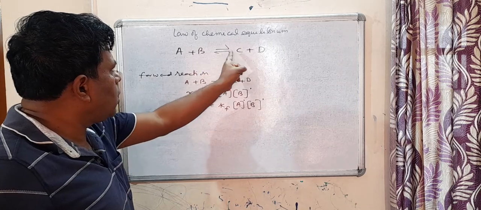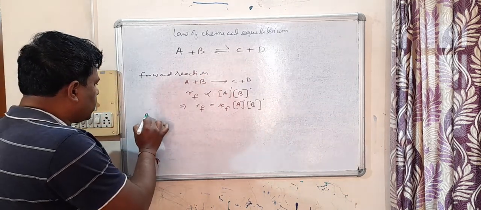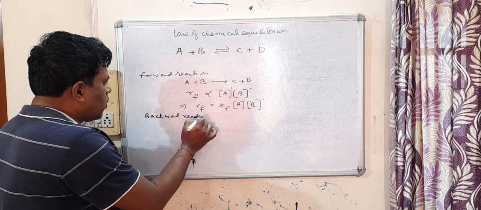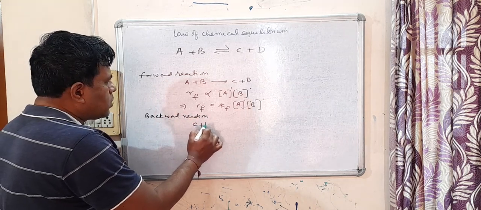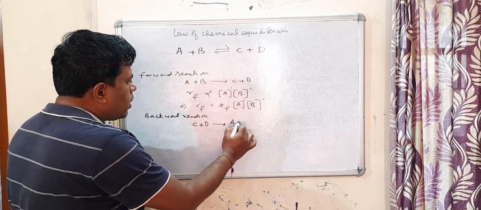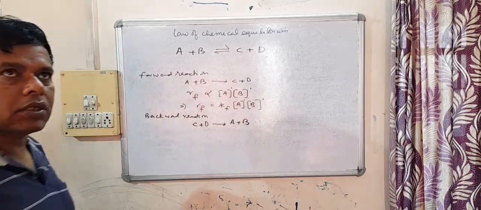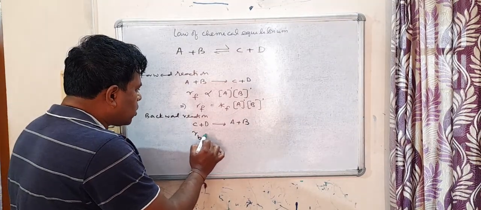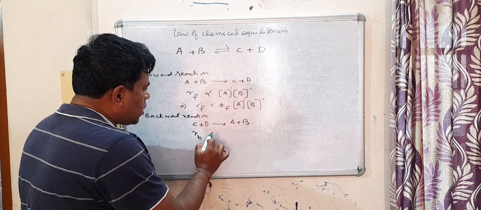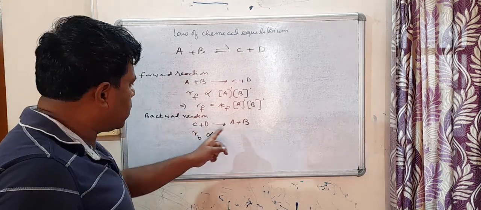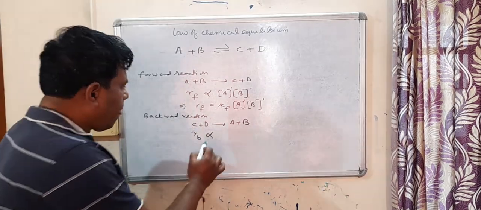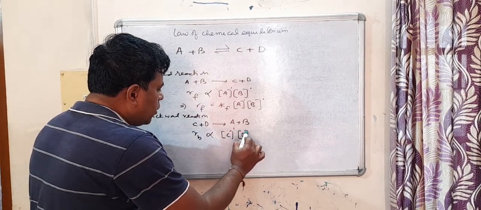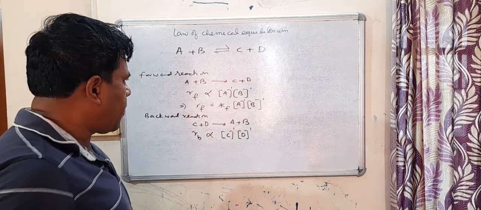Okay, now similarly here the backward reaction is C plus D arrow A plus B. This is a backward reaction, and similarly rate of backward reaction is directly proportional to the concentrations of the reactants of the backward reaction, which are C and D. The molar concentration of C prime into molar concentration of D prime.